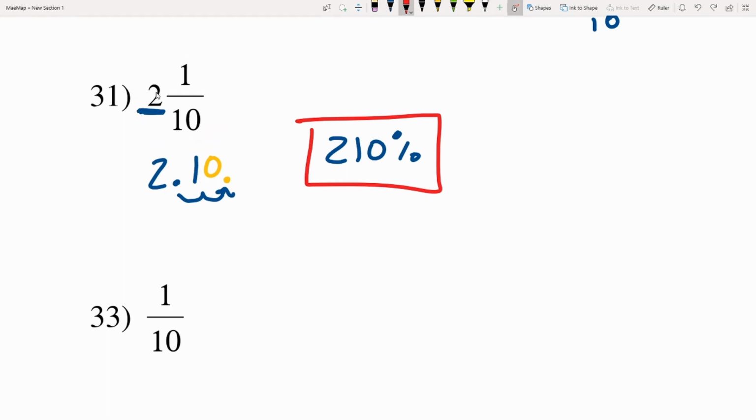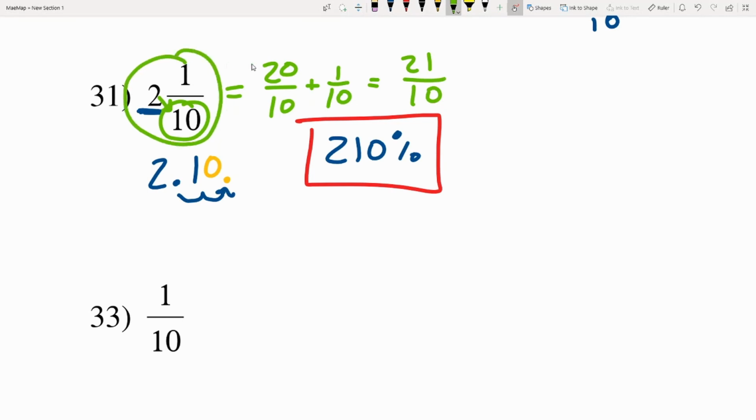Another way to deal with this mixed number is if we have 2 and 1/10, I'll create one big fraction with it. 2 and 1/10 is the same as, well, 2 times 10 is going to be 20, right? So if I had 20 over 10, that is 2, because both are divisible by 10. 2 divided by 1 is 2. But because I have a mixed fraction, I have to add that to 1/10. So this is 21 over 10.